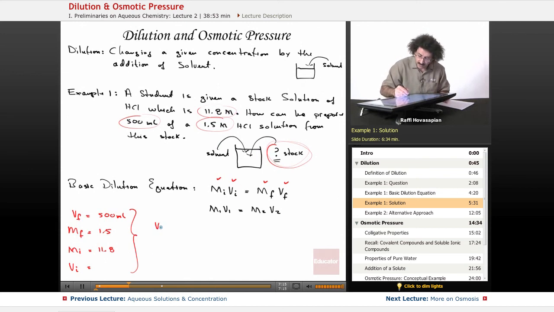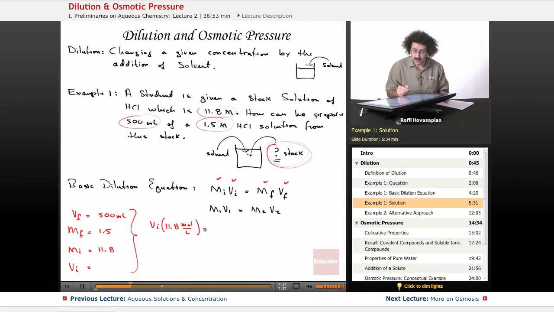So we have initial volume times initial molarity, which is 11.8, equal, you know what I'm going to do? I'm actually going to use the units here, because I want you to see what cancels and what doesn't. So we have V sub I times 11.8 moles per liter.